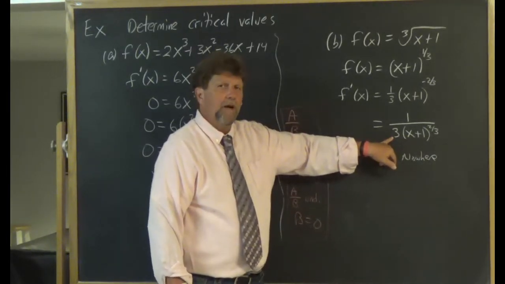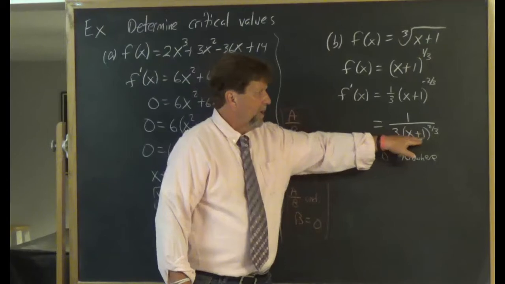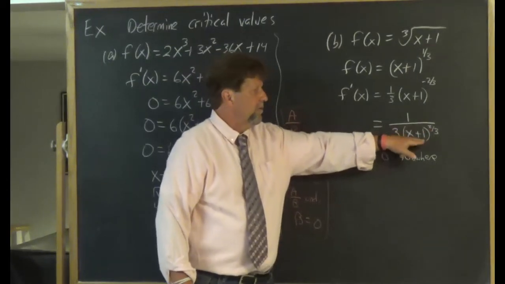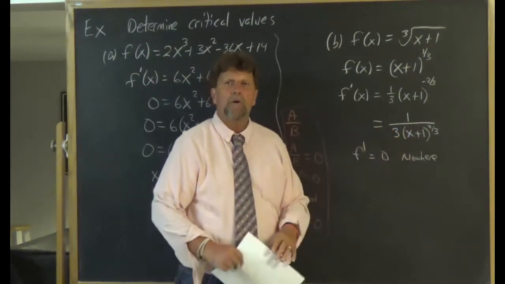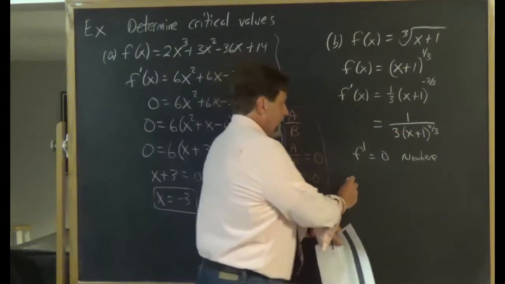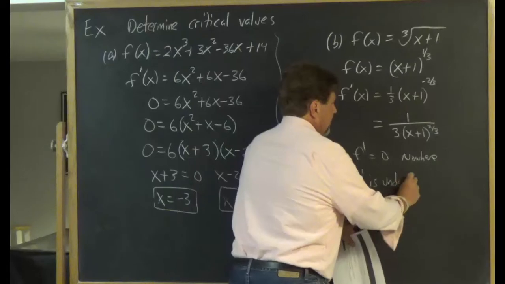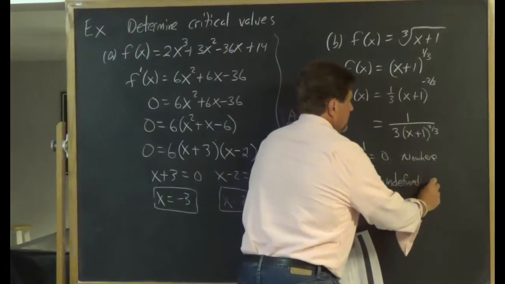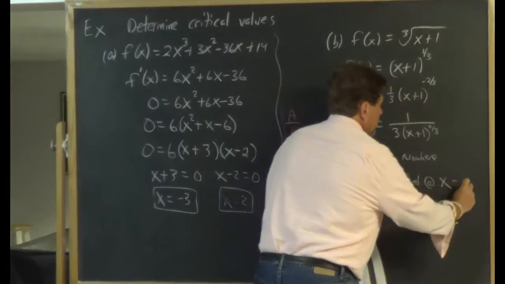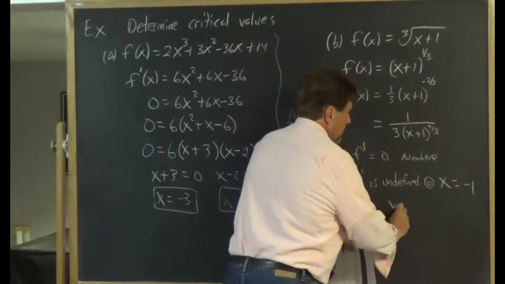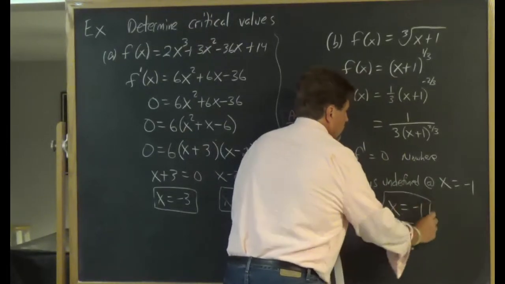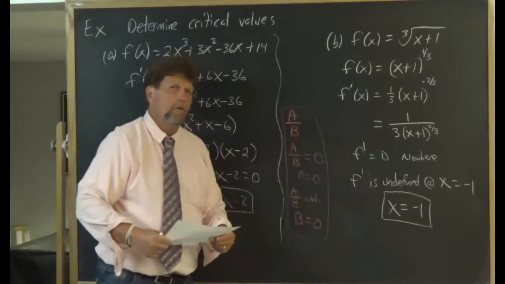I think -1 would, because -1 plus 1 is 0, 0 to the 2/3 is 0, 3 times 0 is 0. So the derivative is undefined at x equals -1. And that is the only critical value for that function.